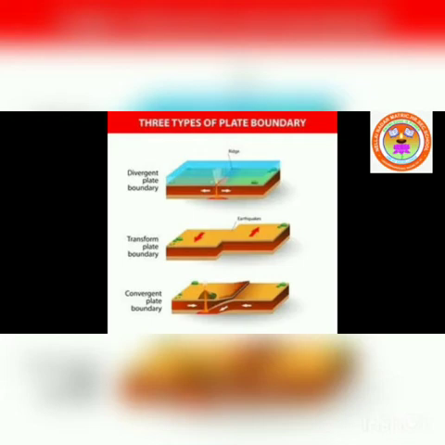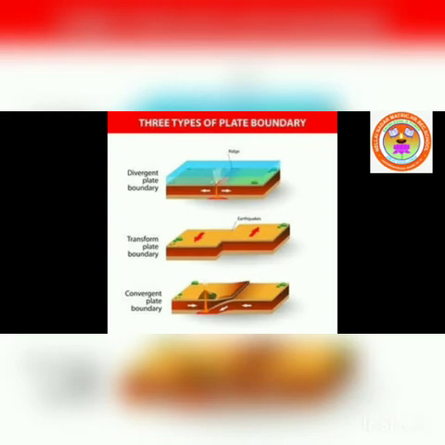On the screen, the third one is the convergent plate. The location where the sinking of a plate occurs is called a subduction zone. Example, fold mountain. Where is fold mountain? That great example, the Himalayas.